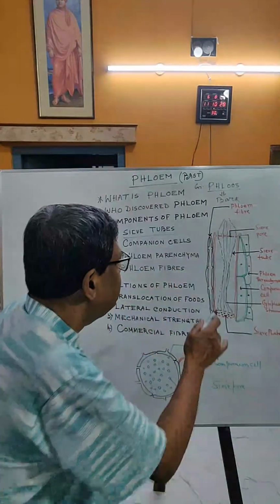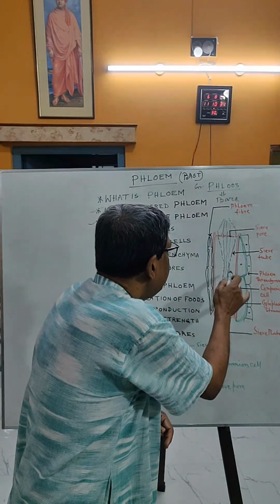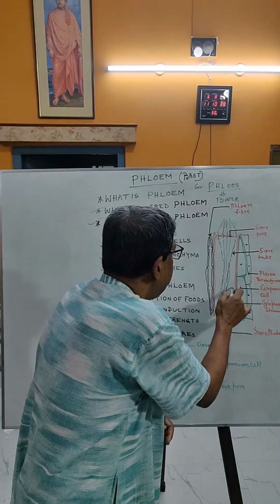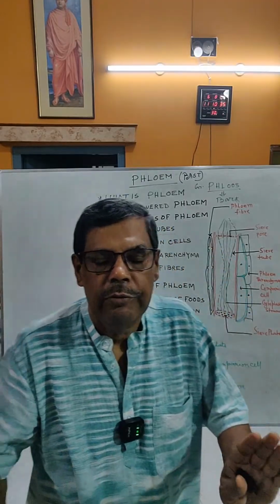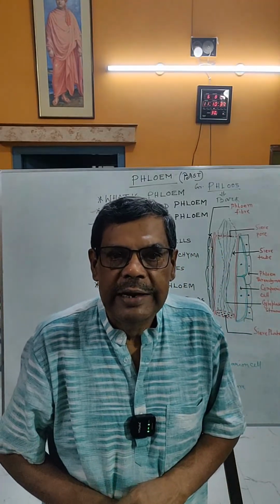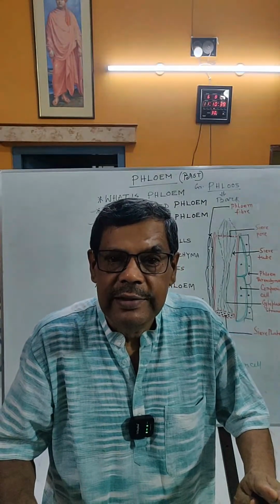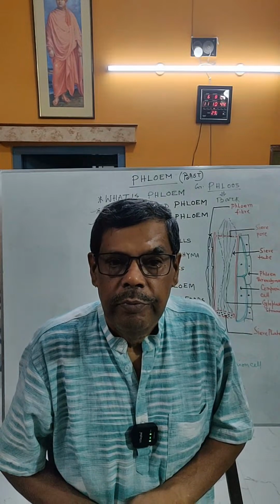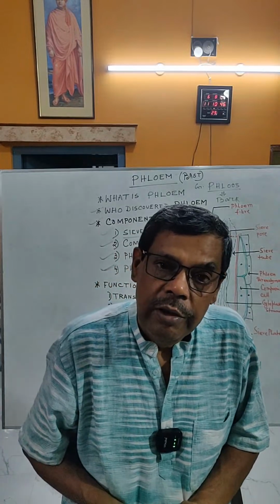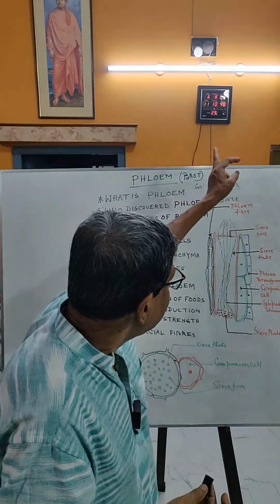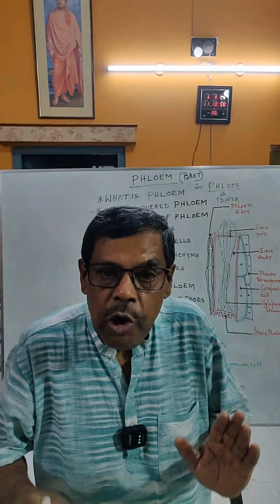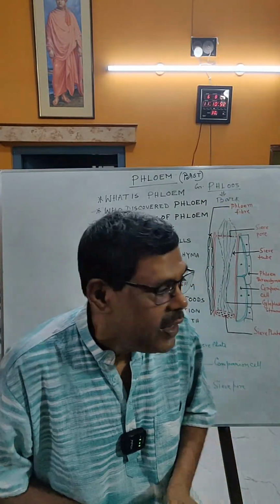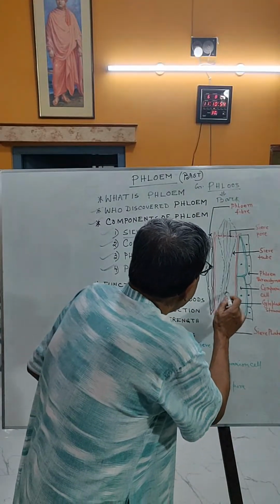Sieve tube cells have peripheral cytoplasm. In the middle of the sieve tube cells, a vacuole is present. Next, adjacent sieve tube cells are joined by cytoplasmic strands.